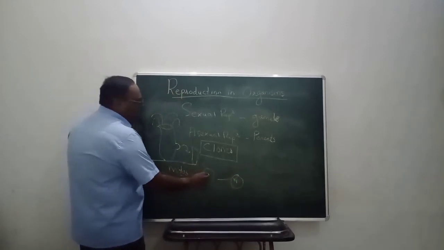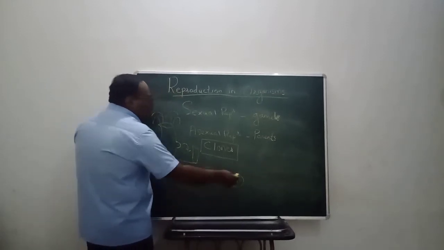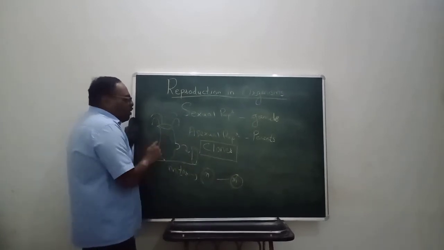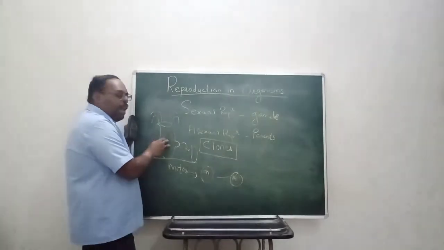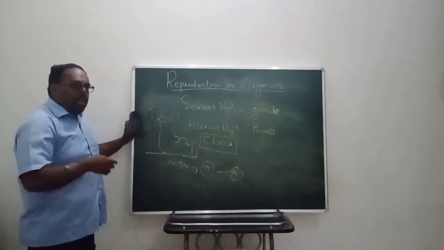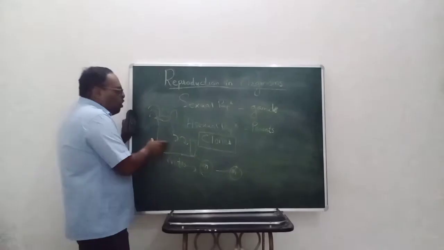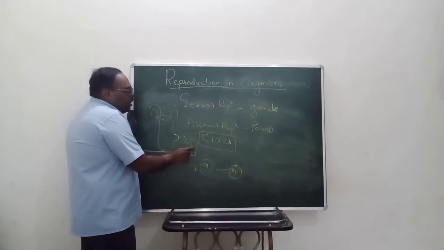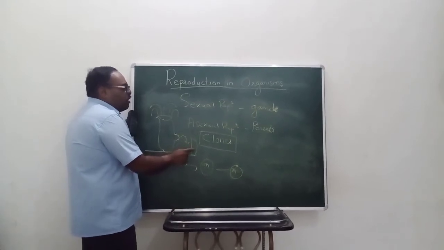If it has 2n, this also will have 2n exactly, which is known as equal division. In the same way, if this parent has any abnormalities, defects, or any other body problems, the same problem will appear in this hydra also, which is an offspring.